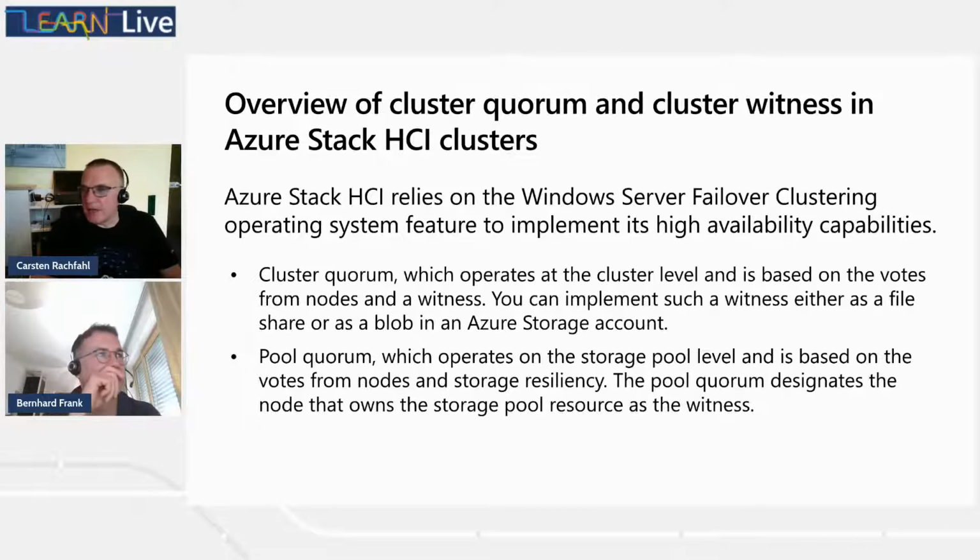Yes. So imagine you have a 4-node Azure Stack HCI cluster. Every node has a vote, usually. So we have 4 nodes, 4 votes. Now if 2 of those nodes fail, 2 votes are gone.